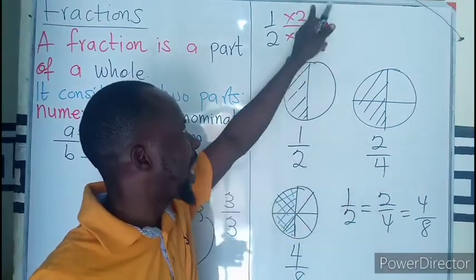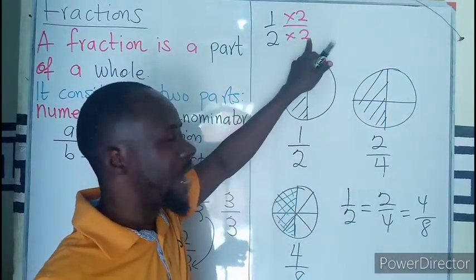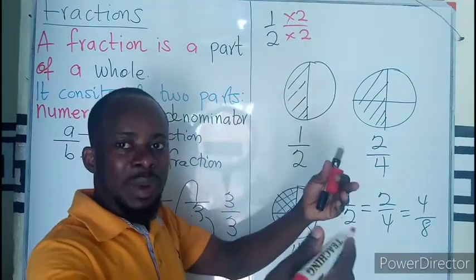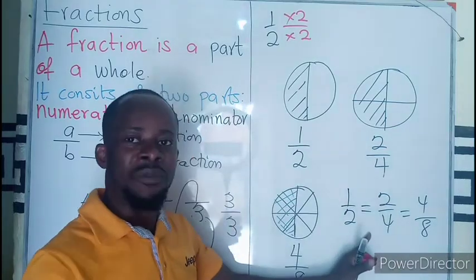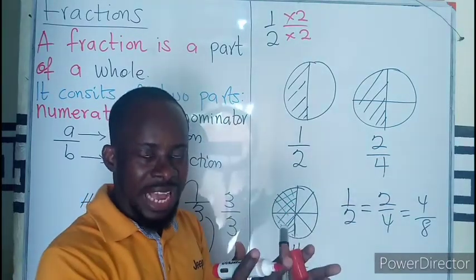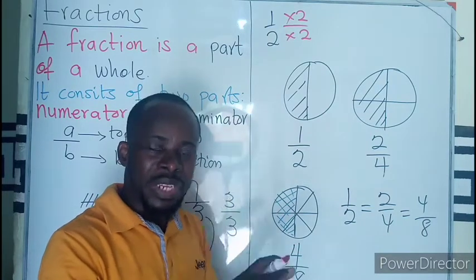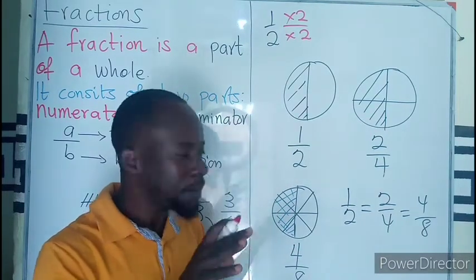So the factor, you see that 2 divided by 2 is still 1, meaning I have not changed the fraction. I only multiply it to have a value that is bigger in terms of writing, but in actual sense, the fraction still remains the same.